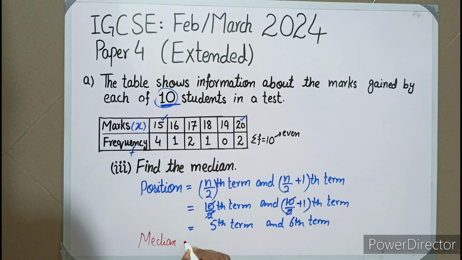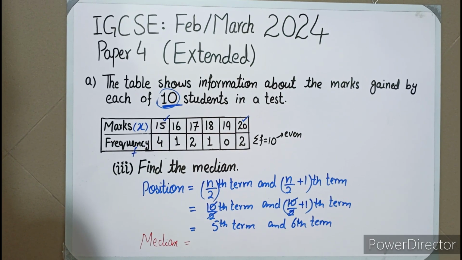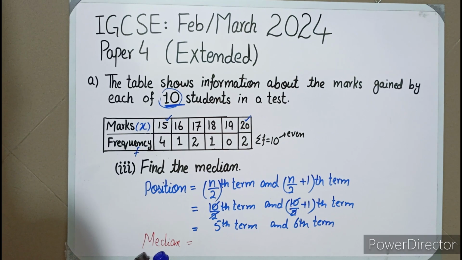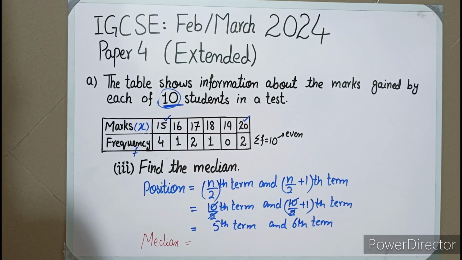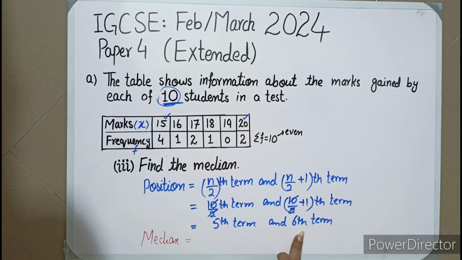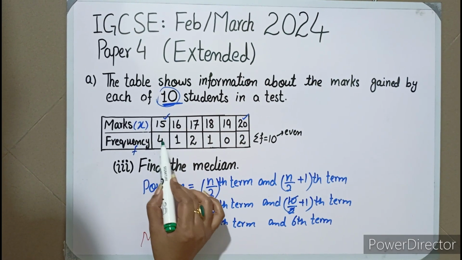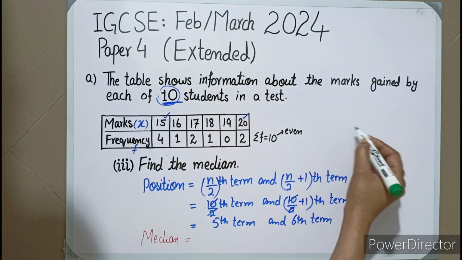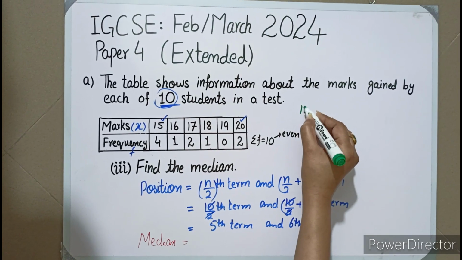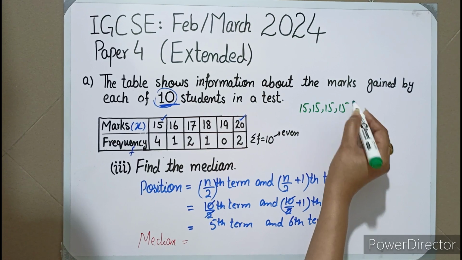You have to take the average of these two terms. First of all, you have to find out which two terms are the fifth and sixth terms. The data can be expanded in this way: 15, 15, 15, 15.